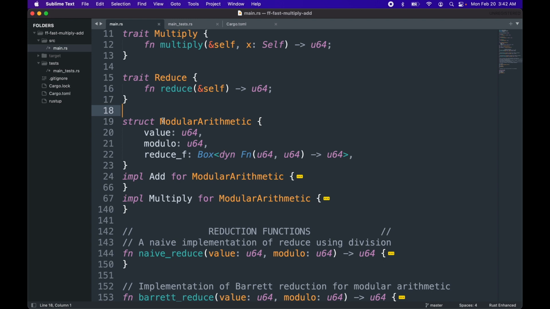It has a value and a modulo, and then it has some reduction function. So you could make one of these that has a naive reduction function, or one that has a Barrett reduction function. And when we get to Montgomery, it seems that some changes to this should actually be made, because it maintains a separate variable in order to be able to repeatedly do operations cheaper.